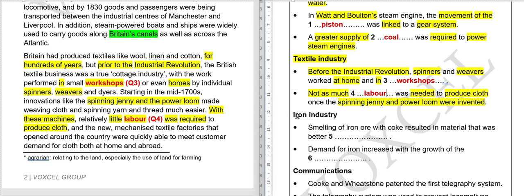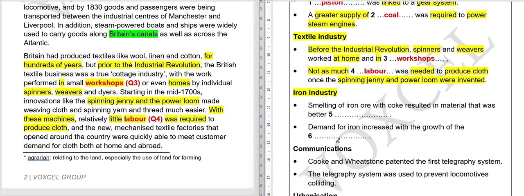So this question is about the iron industry. Fifth question: smelting of iron ore with coke resulted in material that was better. This is a particular process, and if you don't know what this process is, don't worry. I am not that sure myself what kind of process it is. Whatever the process is, smelting of iron ore with coke, we know these phrases will not be too much paraphrased.